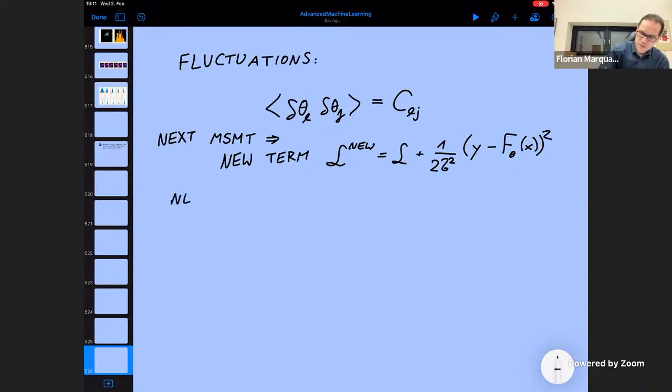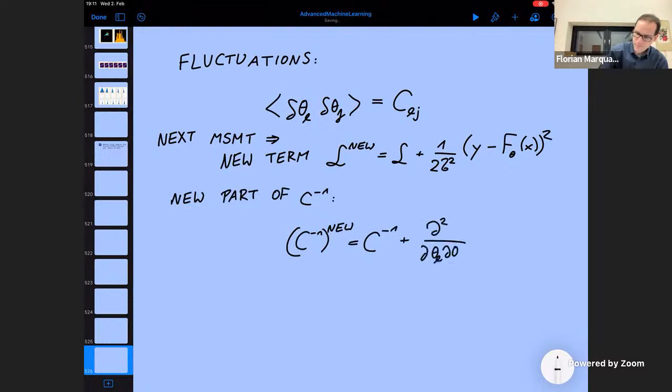So I will have C to the -1, the new inverse correlation matrix, is the old one plus the second derivative of these terms. I write first down something and then I have to say a little bit about an approximation that we are doing.